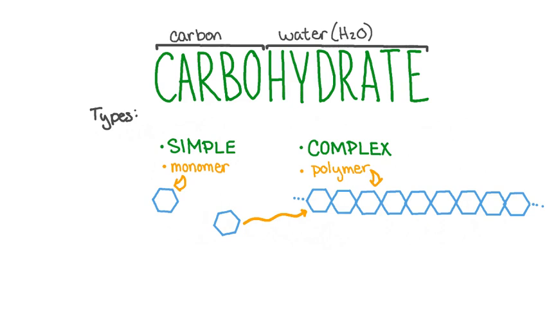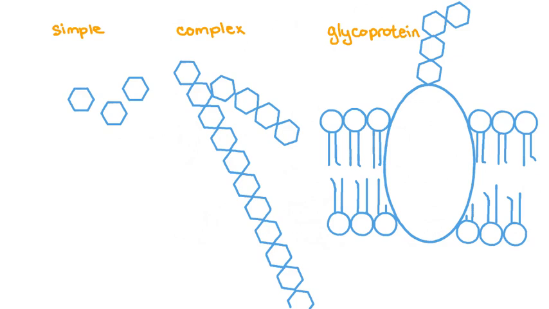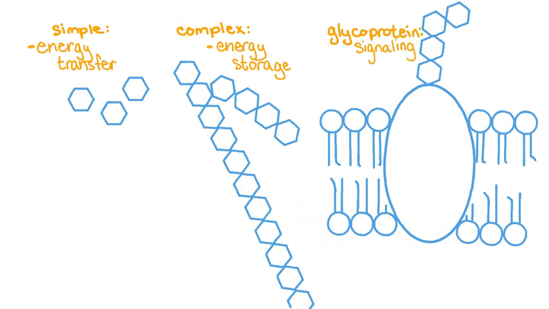Different types of carbohydrates play different roles in living things. Carbohydrates have many functions. In animal cells, carbohydrates are used for energy transfer and energy storage. Also, carbohydrates are attached to proteins embedded in the cell membrane. These are called glycoproteins, and they are an important part of how cells communicate with each other.